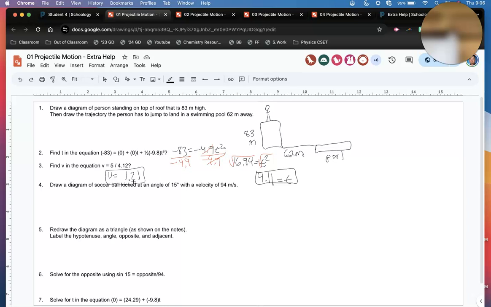Draw me a circle, pretend it's a soccer ball, show me the path the ball takes.